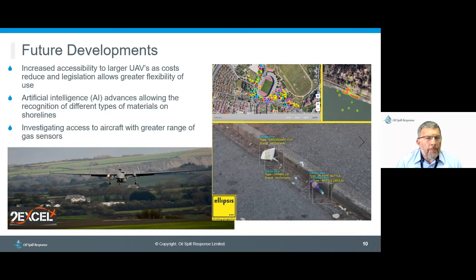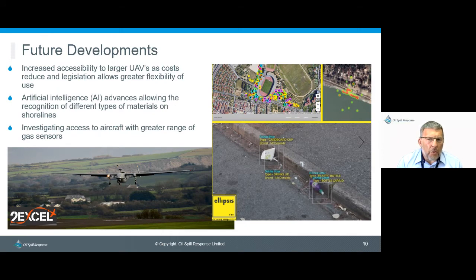Artificial intelligence, AI advances. So you can see an example of that on the right hand side. So this is sensors and software that can recognise different types of materials on shorelines, such as plastic, wood, etc. This is something we're looking into with the hope that we can possibly use it in future spills on shorelines.